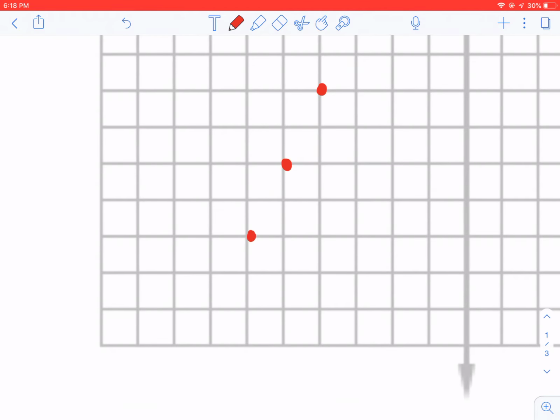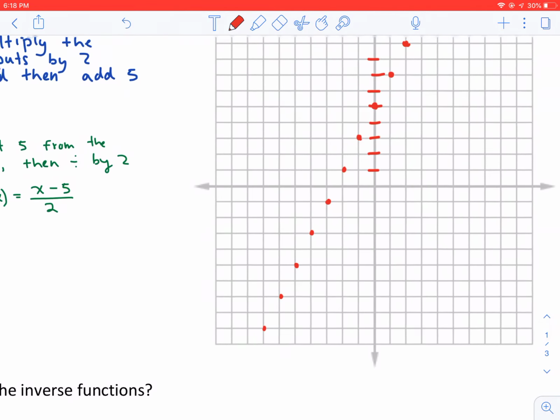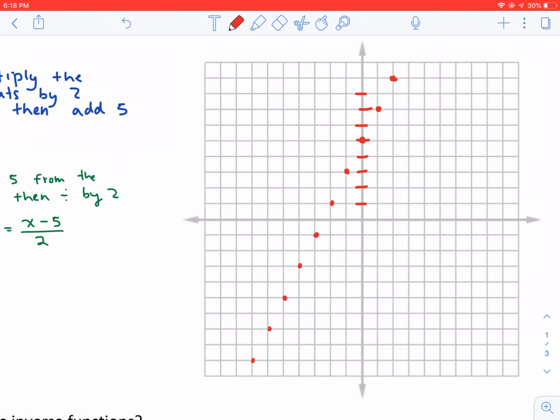And I'm just going to keep going a little bit, and I'll connect these dots. Does that look good? Okay.